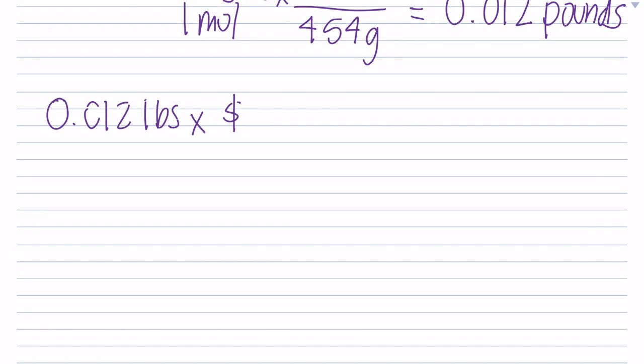It costs $22 for 15 pounds. And that gets me about, if I round, 2 cents. So it'll cost about 2 cents for you to heat up this cup of hot cocoa.